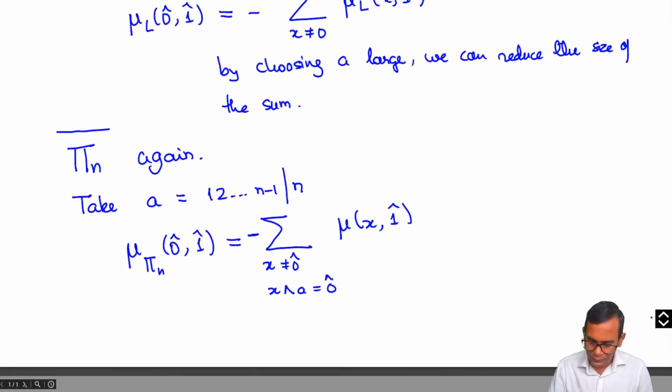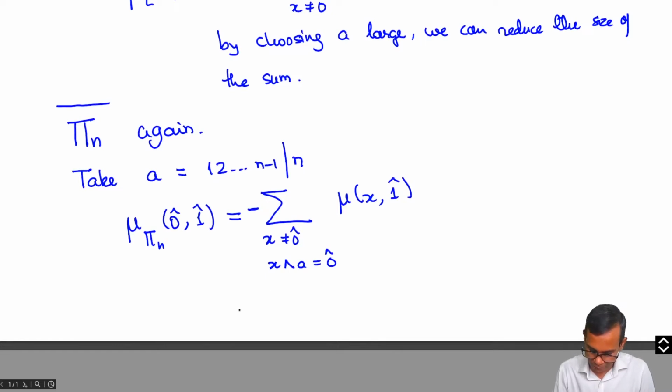So now you ask, what are the set partitions whose meet with 1 to n minus 1, n is actually equal to the discrete set partition? And so this set partition x must separate 1 from 2, 2 from 3, 3 from 4, and so on. So the first n minus 1 elements of the set 1 to n must be in different blocks.